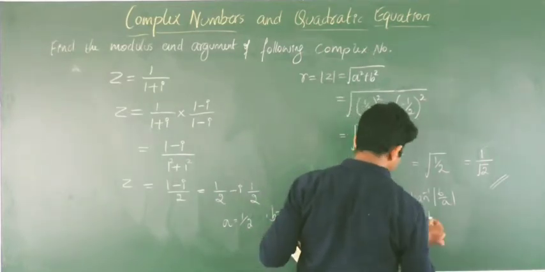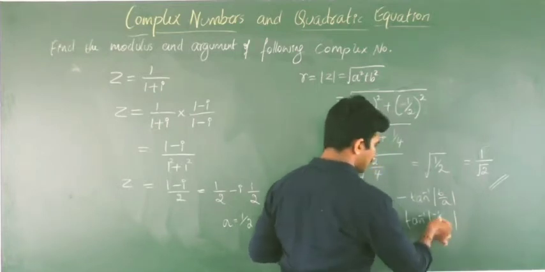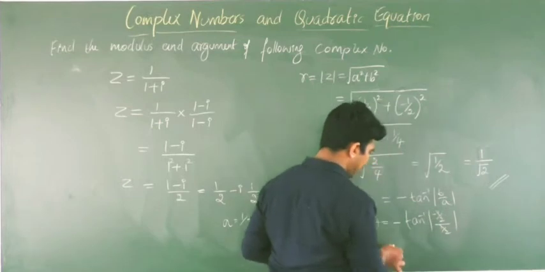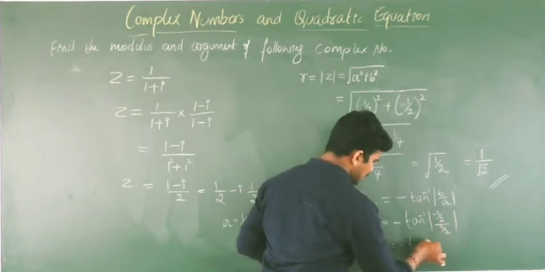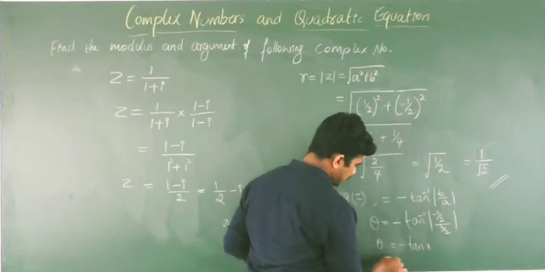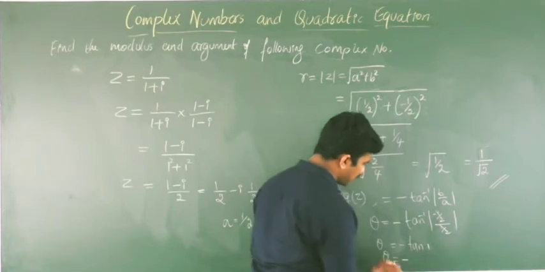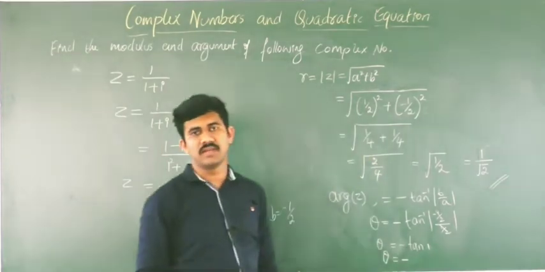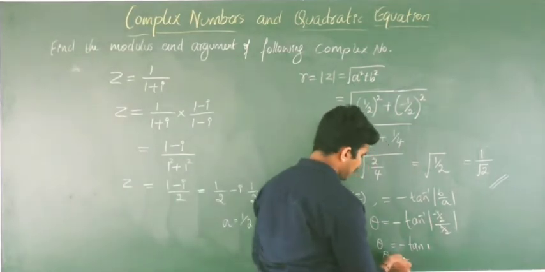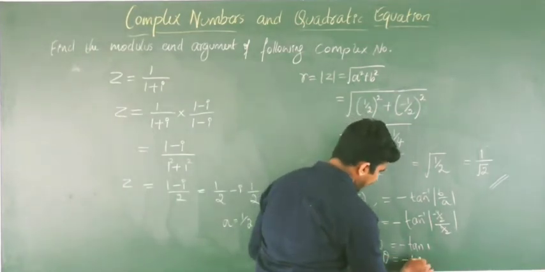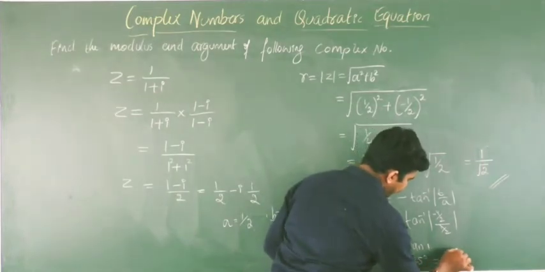b is minus half, a is plus half. So clearly we can cancel half and half, we get just minus 1, but mod of minus 1 is 1. Now see, tan takes the value 1 if the angle is 45 degrees, that means pi by 4.